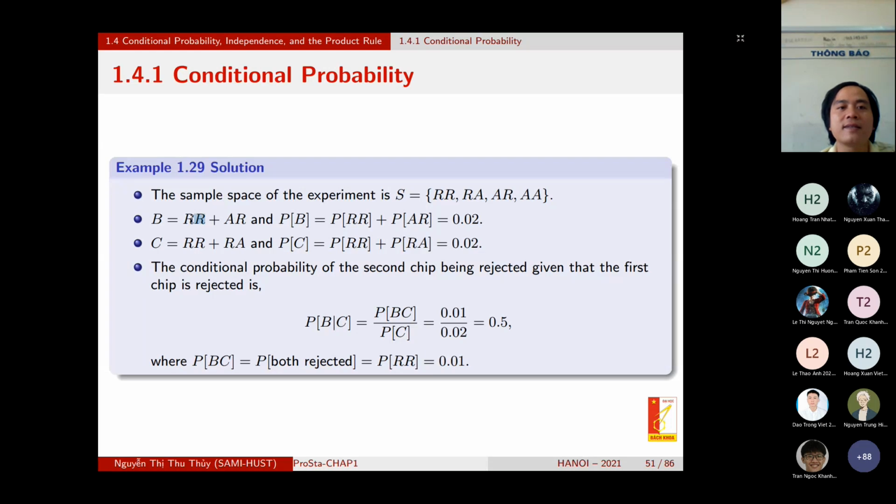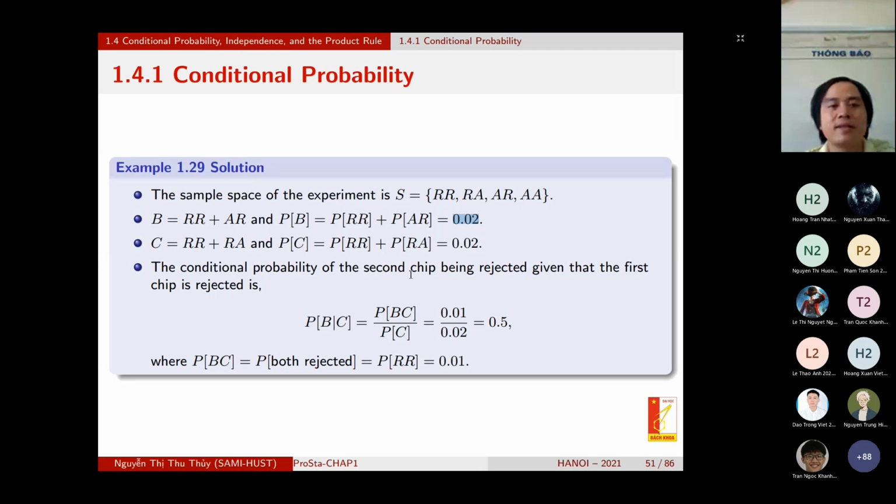So we consider two cases. We use the additive rule to compute that P(B) equals P(RR) plus P(AR), and we get the probability of B is 2%.